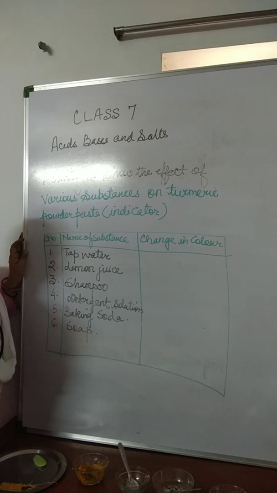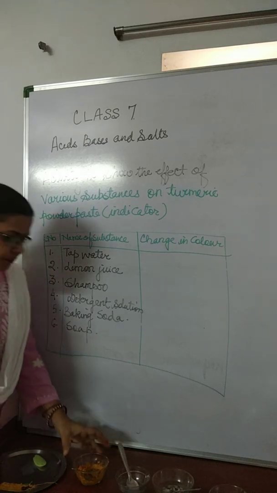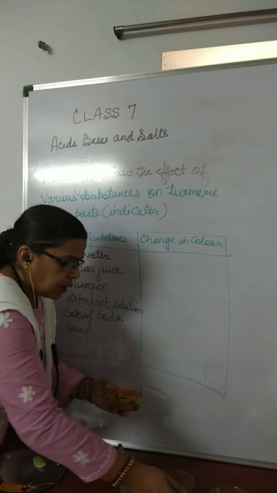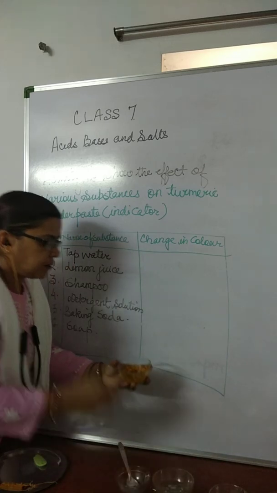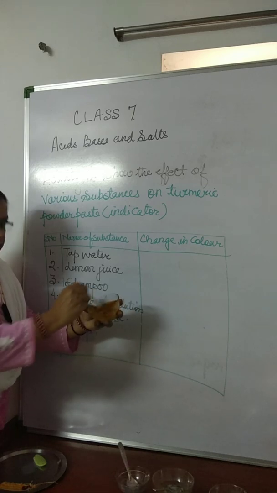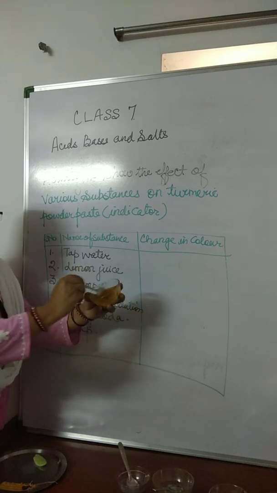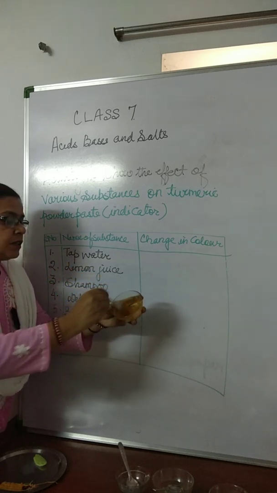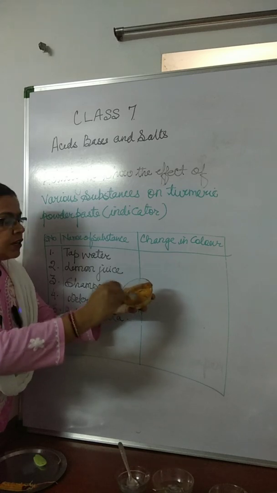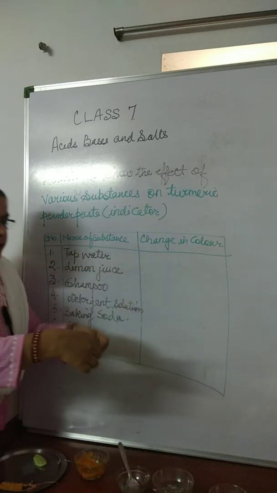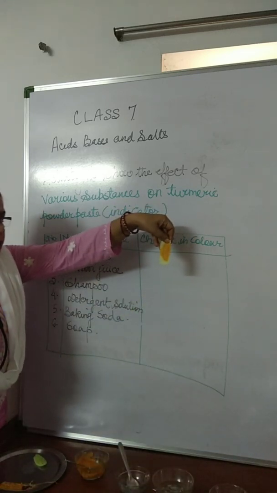The activity is to show the effect of various substances on turmeric powder paste, which is an indicator. Here before you, I have tried to make a paste. I can add a little bit more water so that we will obtain a fine paste. This can then be applied to a cloth. Turmeric powder is a natural indicator. We can prepare our own strips by simply applying haldi.